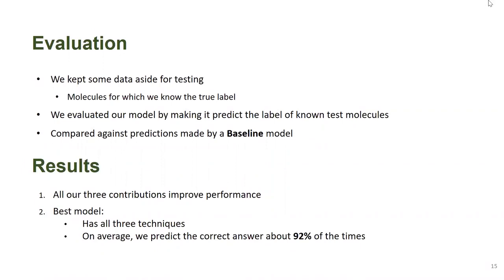But the best model has all 3 contributions in it, and it allows us to correctly predict enzyme activity on a molecule about 92% of the time, which is very good considering that we do it on over 1,000 enzymes out of the 6,000-7,000 that there are.